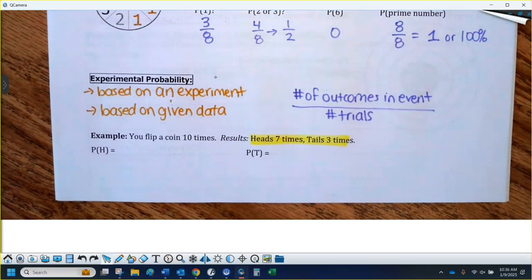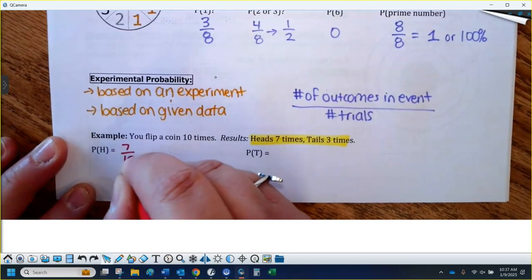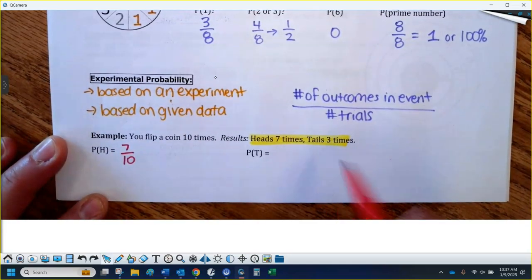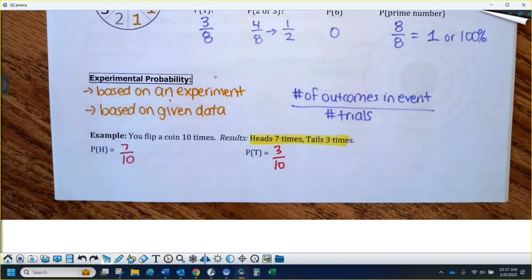So based on this experiment, if I flip the coin 10 times, the probability for my experiment that I got heads would be 7 out of 10. And we got tails 3 times, that would be 3 out of 10. So there's a difference between experimental and theoretical because it's got to be based on what actually happened in the trials that you did. So it might not match up with the theoretical probability.